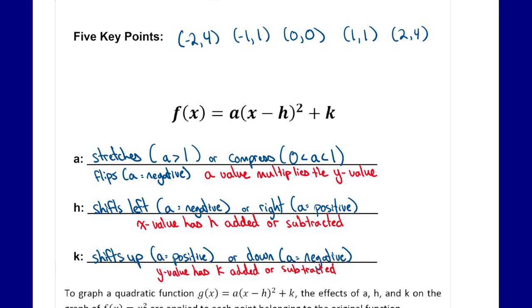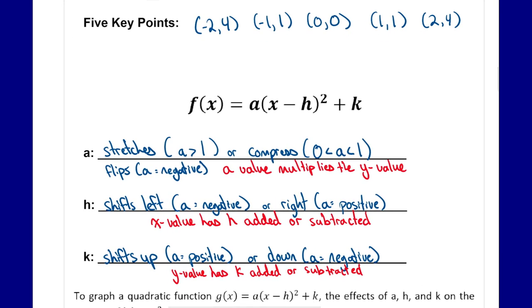So that addition or subtraction is what's going to cause our function to move up or down. I've written a's on all of these, but this should be h and this should be k. If k is positive, I'm going to add it to the y value, and that's going to cause a shift up. It's going to increase the y value and cause it to move up however many units that k is. If it's negative, I'm subtracting, and it's going to move my y value down.